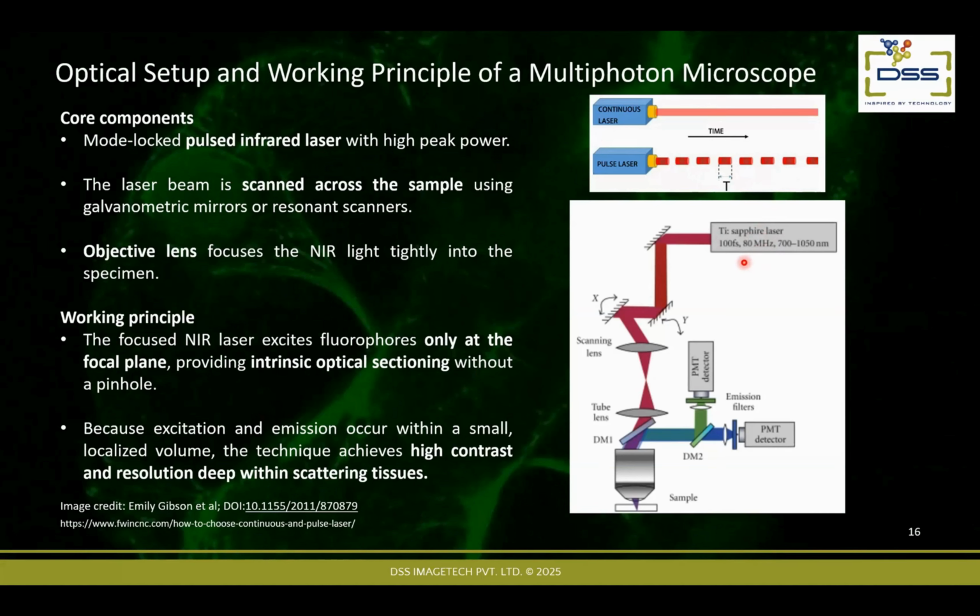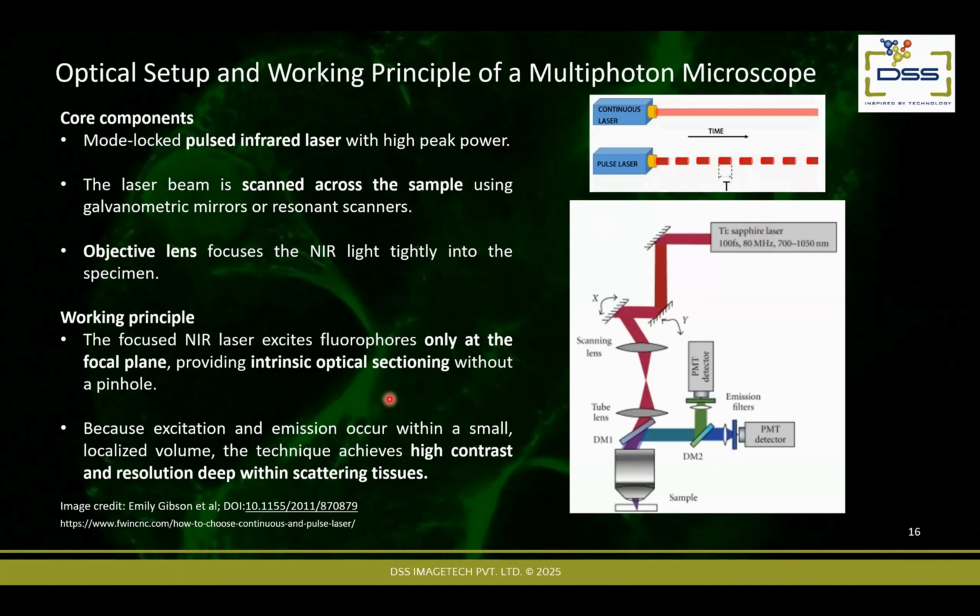So for very fast imaging, you can keep the frequency very high. And then for slow localized imaging with high emission intensity, you can keep the frequency lower in the kilohertz range. So that's how it's done. We also use objective lenses that are able to focus the NIR light tightly onto the focal plane of the specimen.